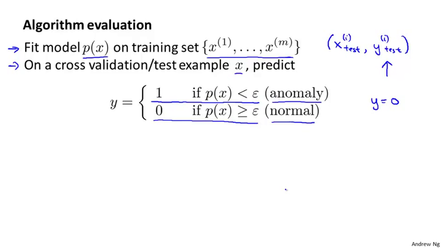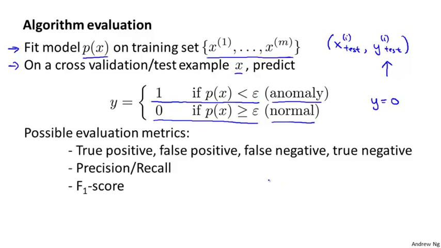So what's a good evaluation metric to use? Well, because the data is very skewed, because y equals 0 is much more common, classification accuracy would not be a good evaluation metric. We talked about this in the earlier video. If you have a very skewed data set, then predicting y equals 0 all the time will have very high classification accuracy.